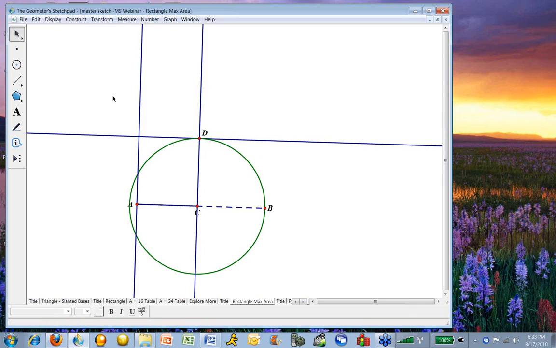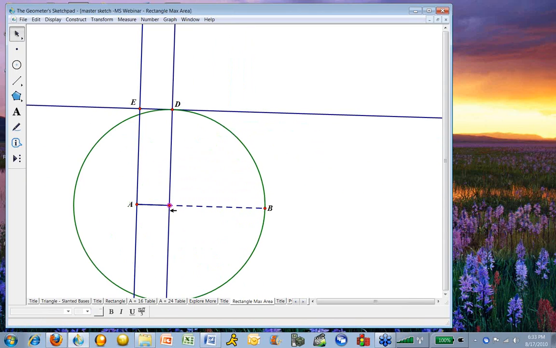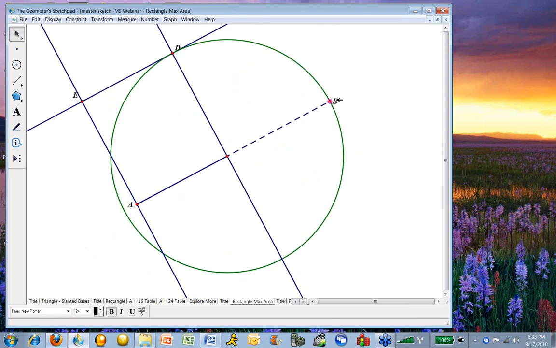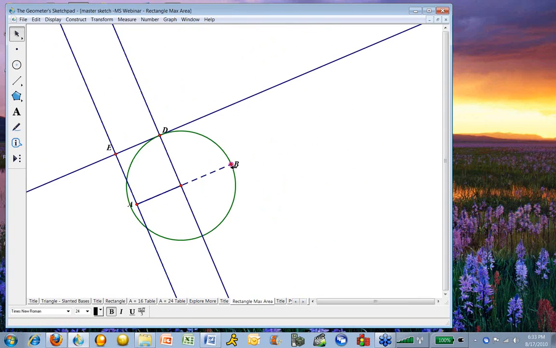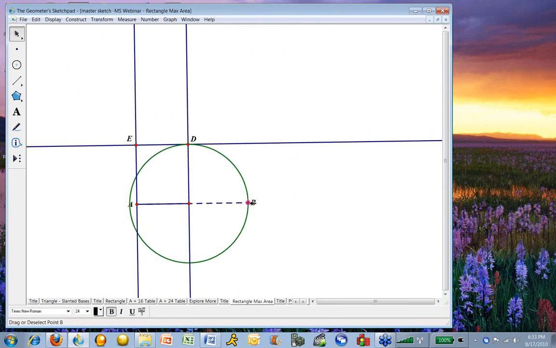So now I have a parallel line. I have another intersection point that I'm going to put in here and label E. So now I have my rectangle, and it will change size this way. If I make this segment AB larger, it will make the rectangle bigger as well.